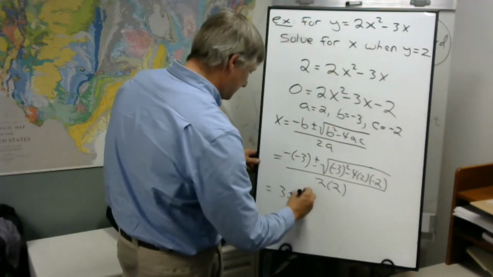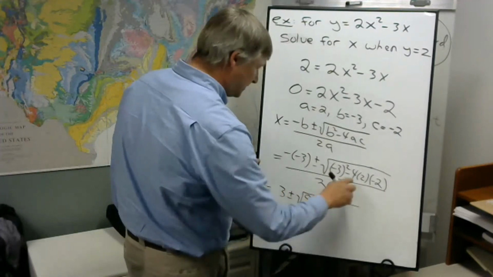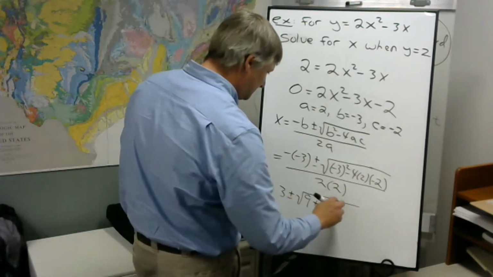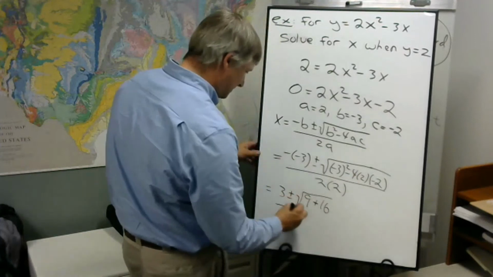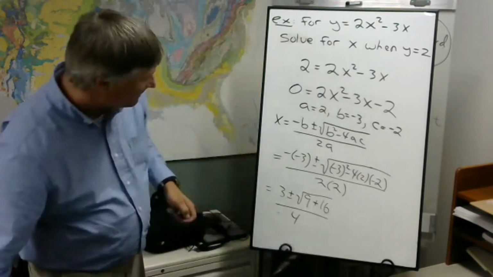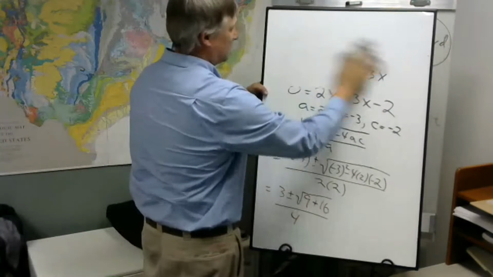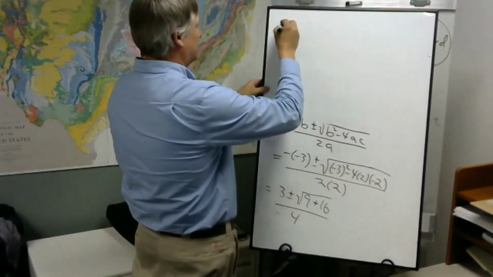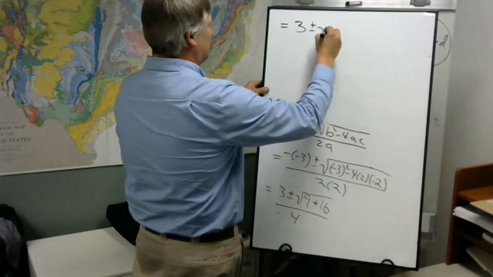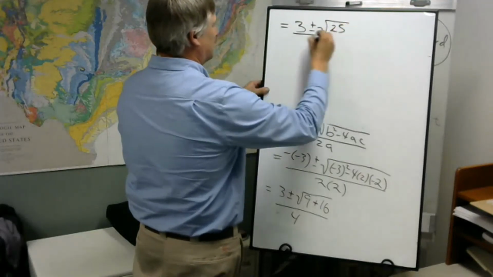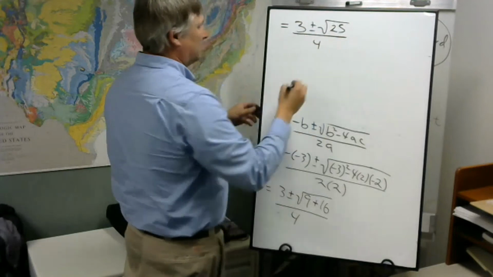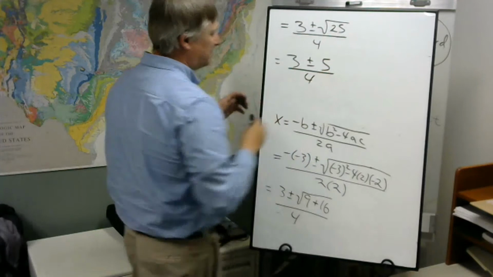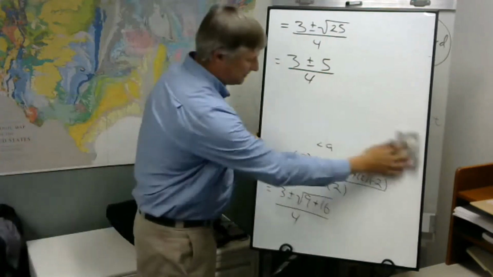3 plus or minus the square root of 9. Negative and negative is positive. So it'll be 9 plus 16 divided by 4. Or 3 plus or minus 5 divided by 4. And I'm going to approach this a little differently.